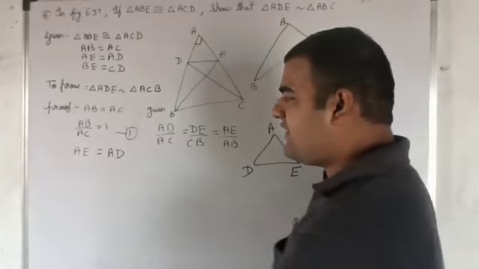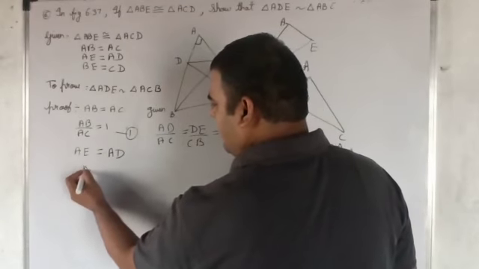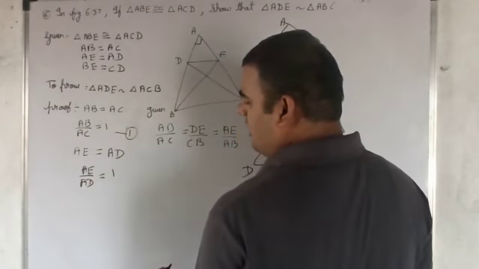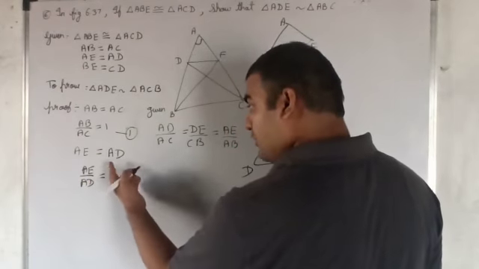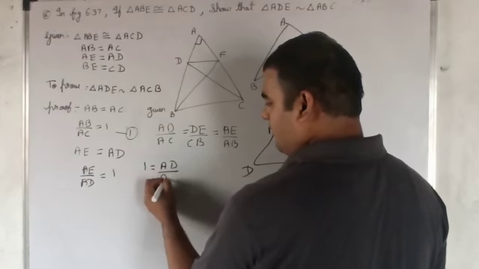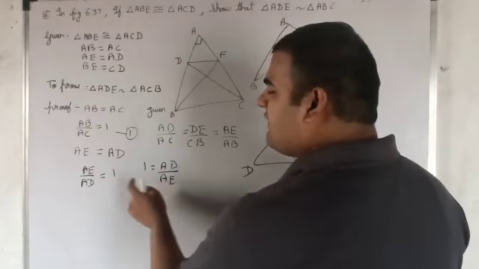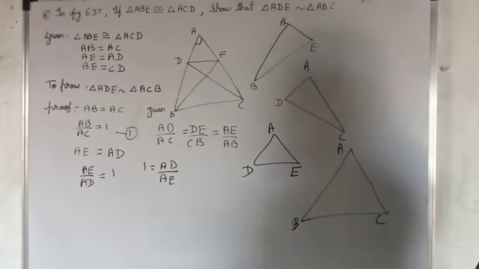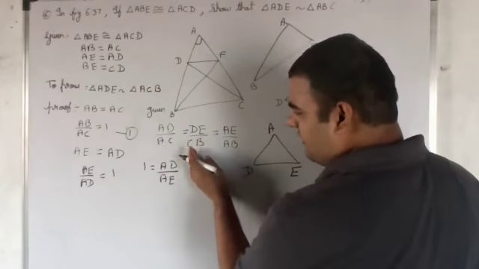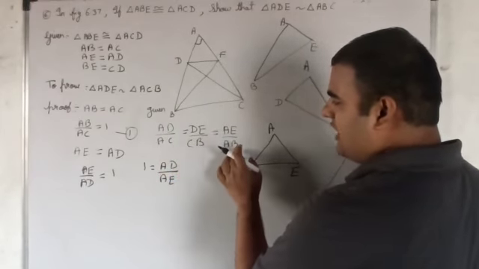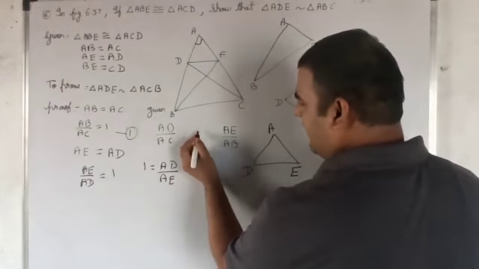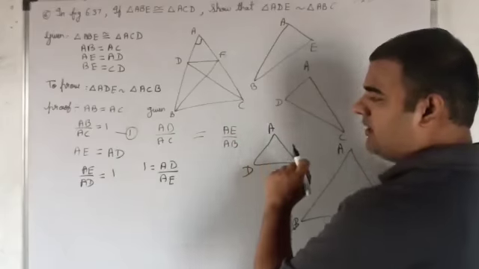We can write this as AE upon AD equals 1, and you can also write this as 1 equals AD upon AE. But which one should we select? It depends on what we need. I will erase this one because I am dealing with AD, AE, AB and AC, so there is no need to think of DE and CB. I want AD upon AC and AE upon AB.